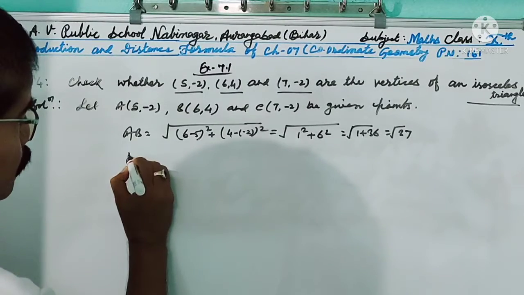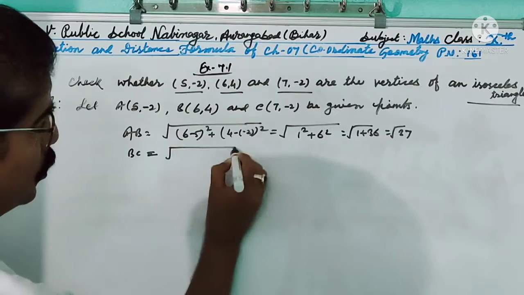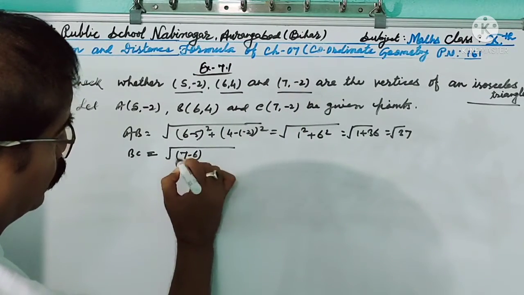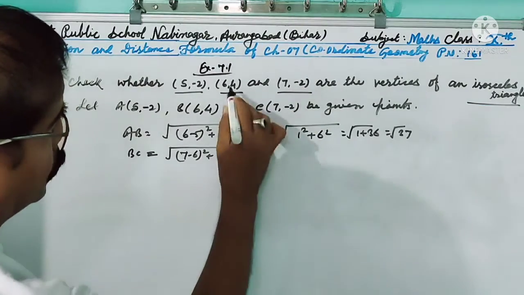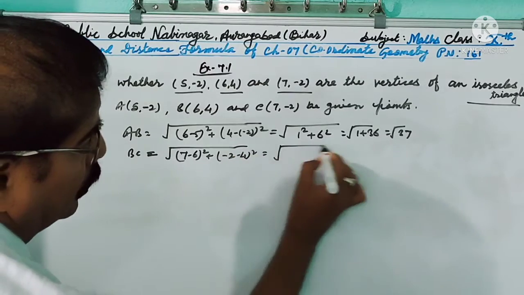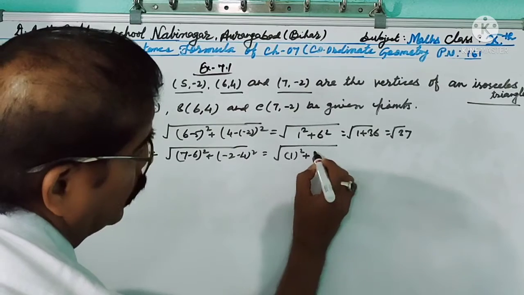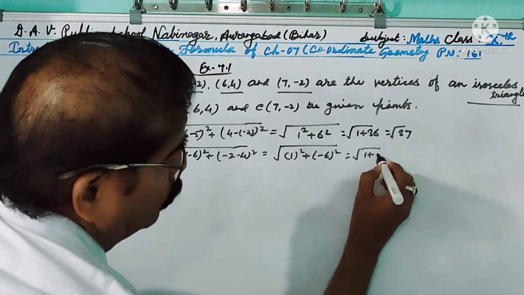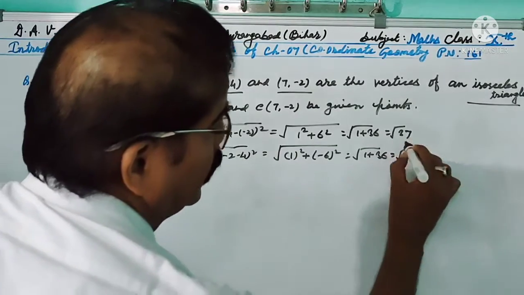And BC equals the square root of (7 minus 6) square plus (-2 minus 4) square, which is 1 square plus (-6) square, equal to 1 plus 36, equal to 37.